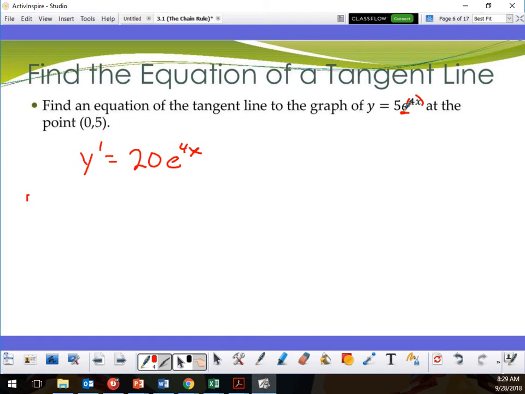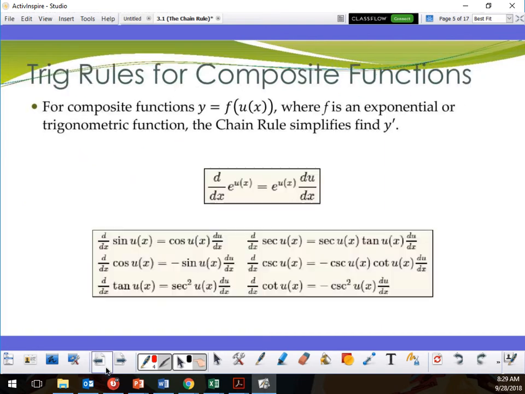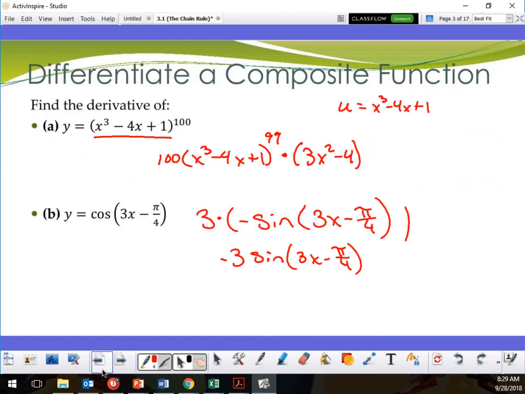Does that make sense? So if we go back a couple pages, my outside was like the u here, right? The outside would be u, so in those terms it would be basically e to the 100, right? So that's what I'm actually referring to this as. So it would be to the 100, so I'd have to take the derivative of that, which would give me the 100 outside, right?